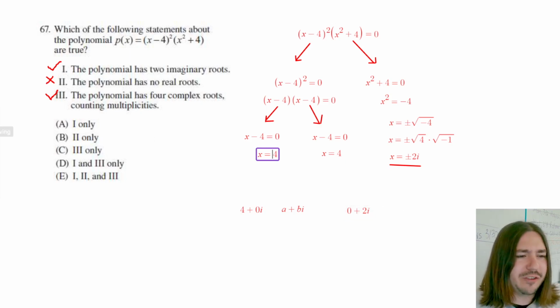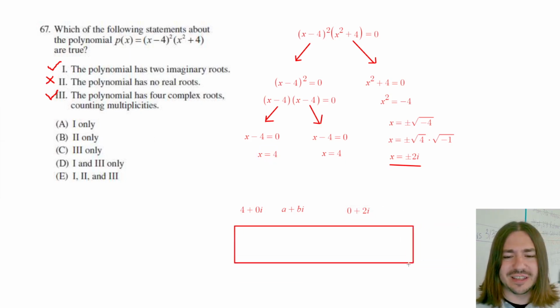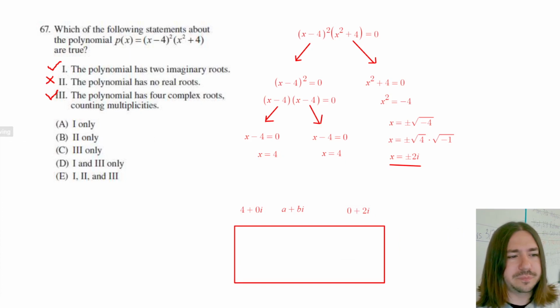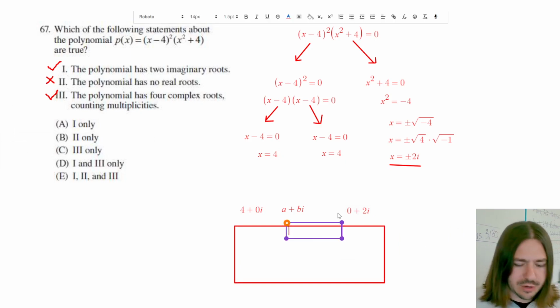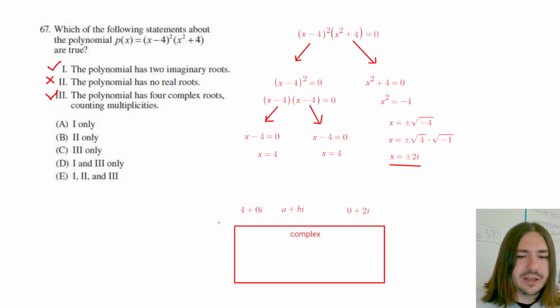So if you're trying to visualize this, let's say this box represents all the complex numbers. All the complex numbers that exist can be split up essentially into one of 2 categories.